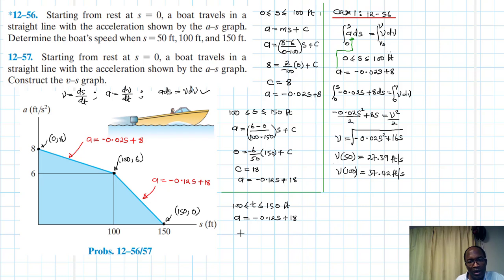So we'll feed it directly into our equation, with our initial boundary condition: we start from 100 feet, so the integral from 100 to s of minus 0.12 s plus 18 ds equals the integral from v naught, 37.42 at 100 feet, to v of v dv.